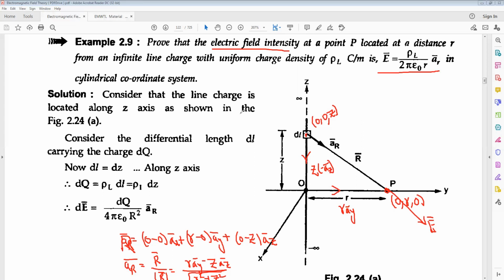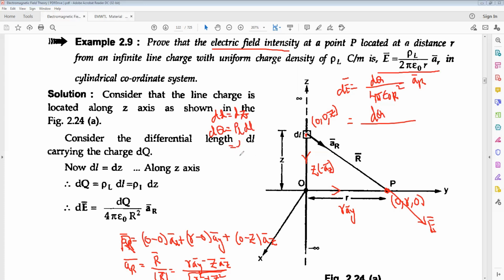Now at the point charge, the differential electric field intensity dE bar is equal to dQ by 4 pi epsilon naught R square into AR bar. That is equal to dQ by, what is dQ? Because we are assuming a differential length on the Z axis, dl is equal to dz. The differential length is nothing but the dz along the Z axis, and dQ is equal to rho L into dl.